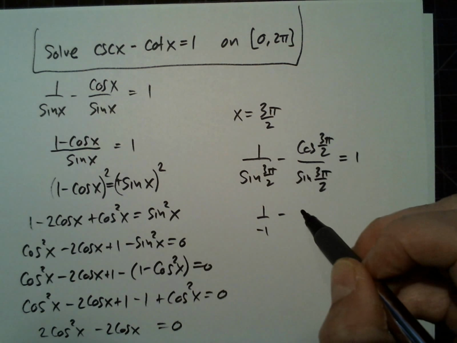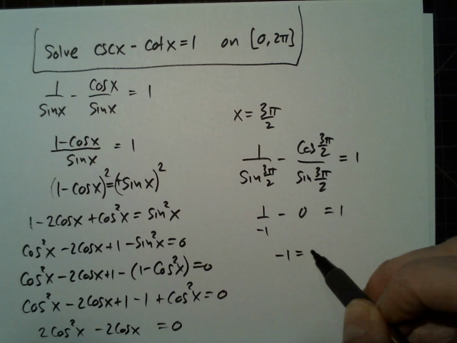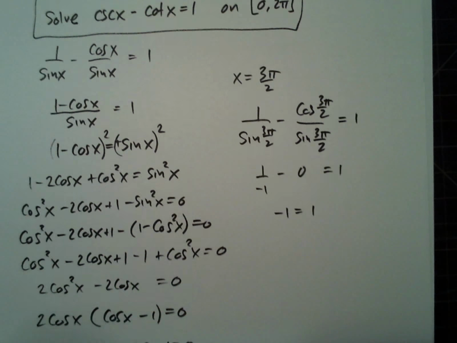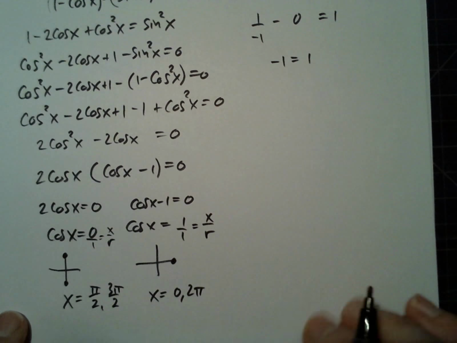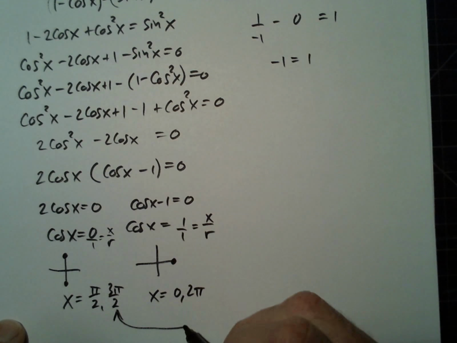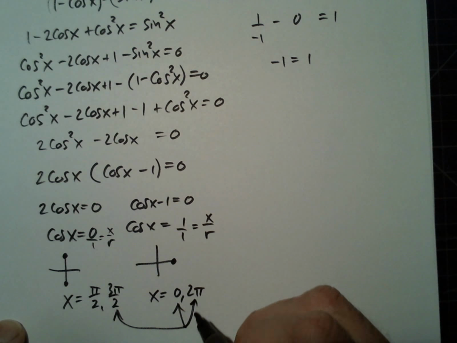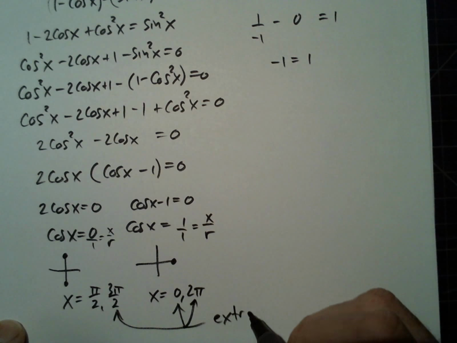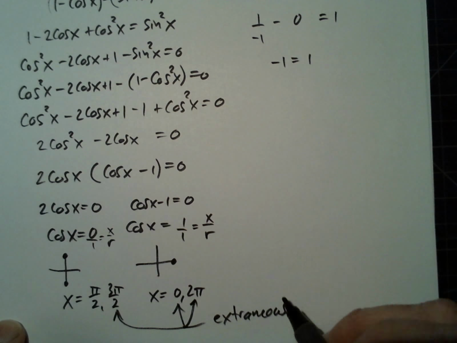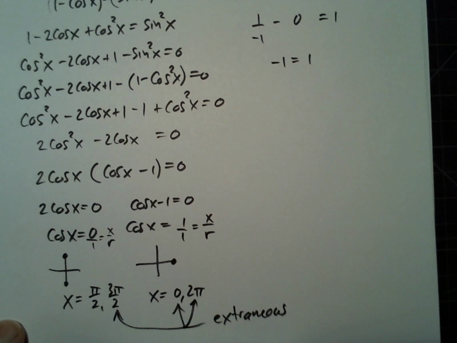That's 0 over negative 1. So we have negative 1 equals 1. And that means that these are extraneous. And the only solution is pi over 2.